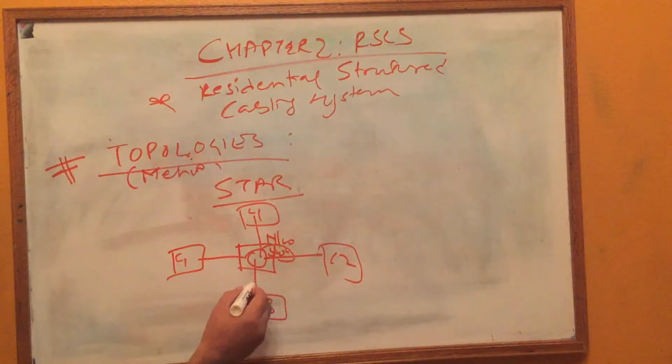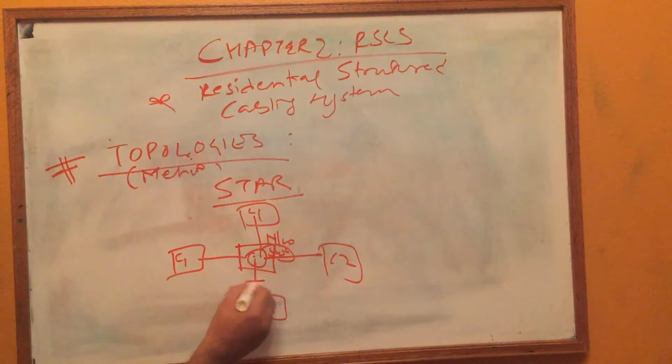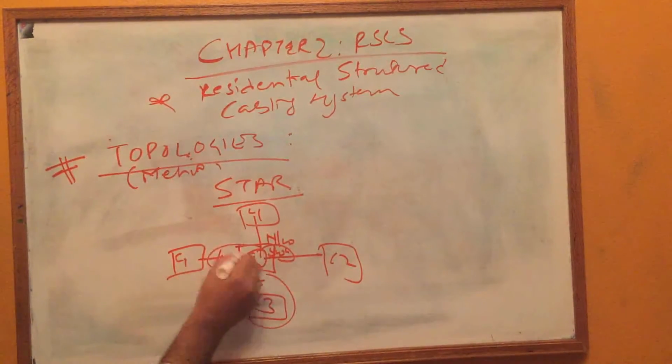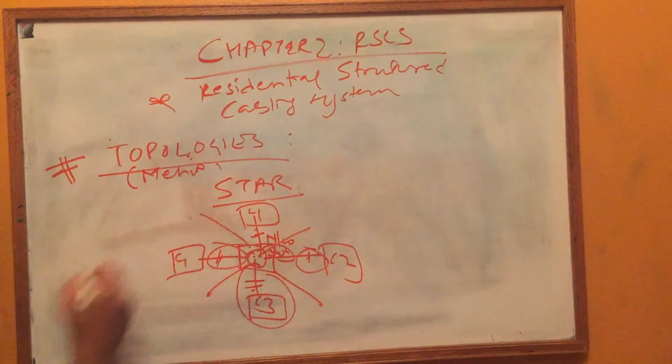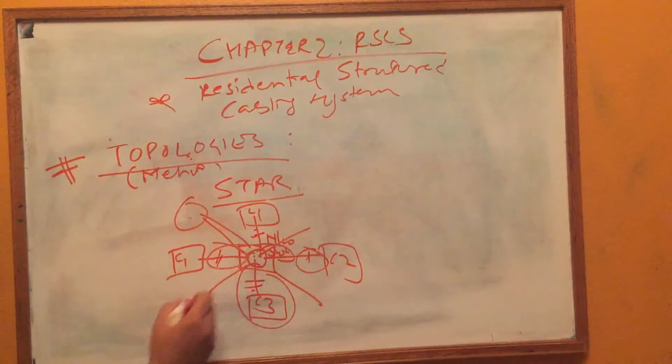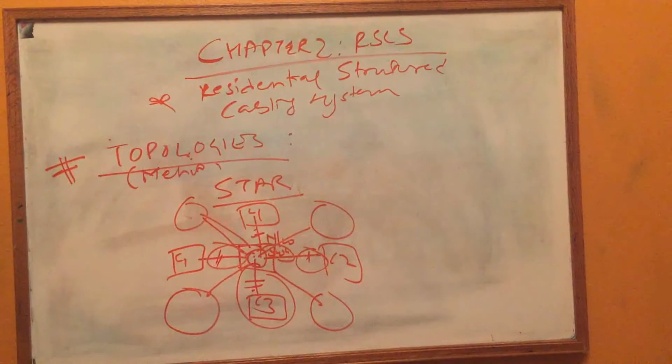So what it means is every cable is independently connected into the center point, right? So if this breaks, only this connection goes away. If this breaks, only this goes away. If this breaks, only this goes away. And also the expandability becomes a little easier. You want to put more computers, just run this cable. You want to put one more computer, more computer, it becomes easy and easy.